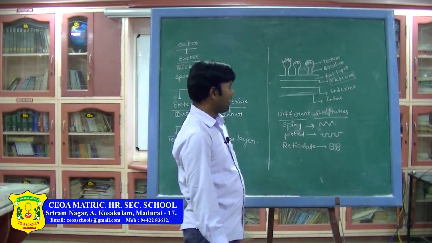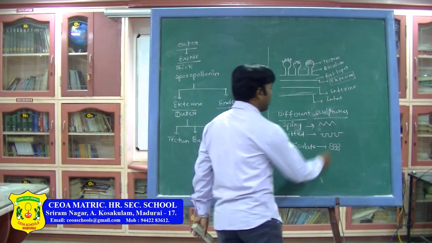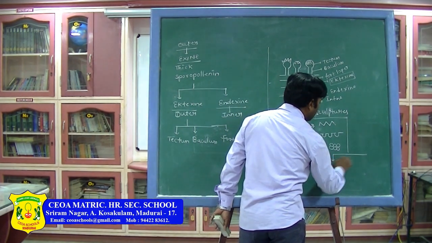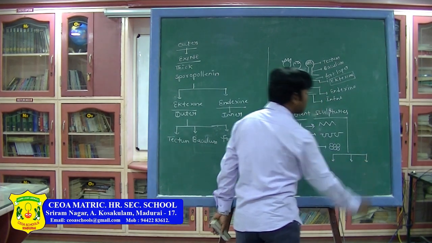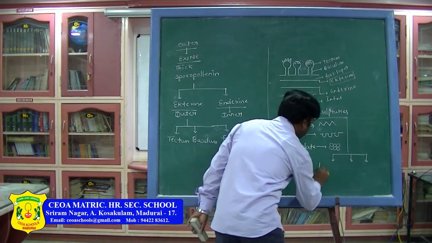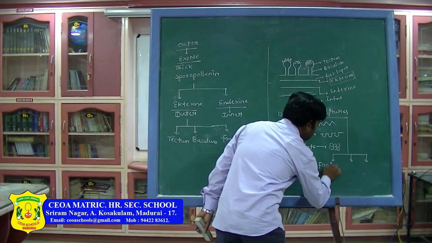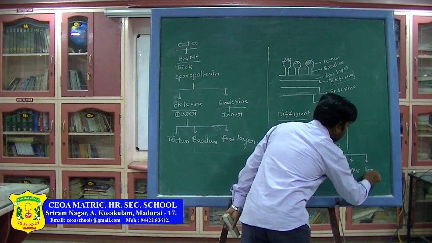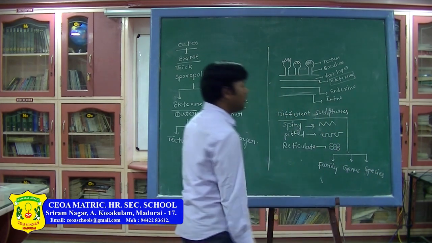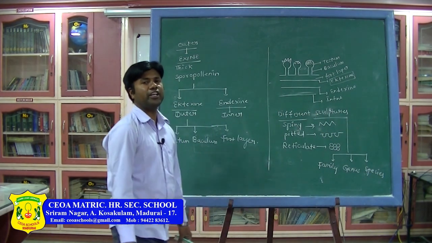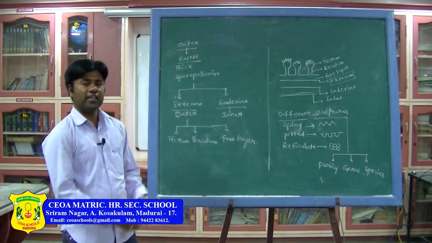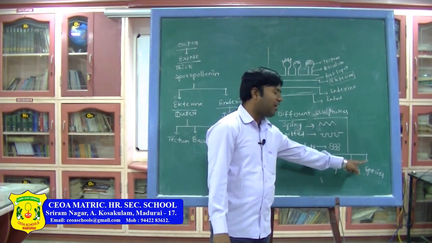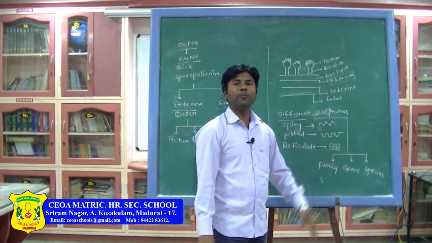Sculptures are useful to identify which family a particular pollen grain belongs to, and which genus or which species it belongs to. On the surface of the pollen grain we can see the sculptures, and they are useful for identification of the family, genus and species of that pollen grain.